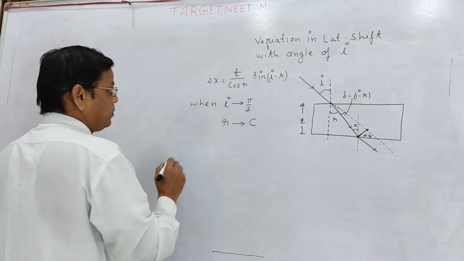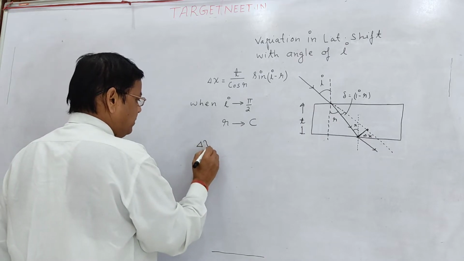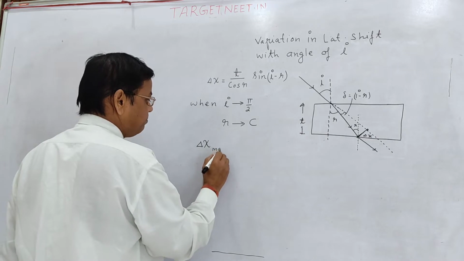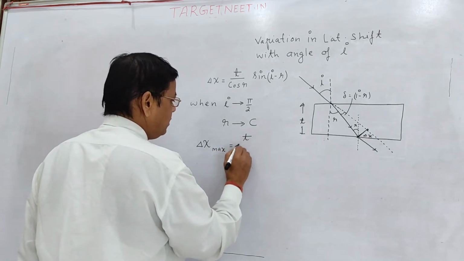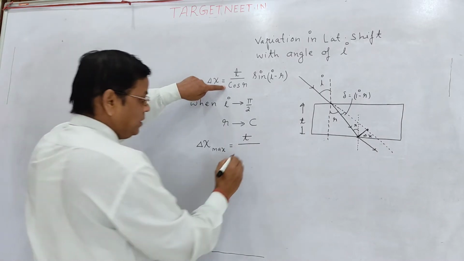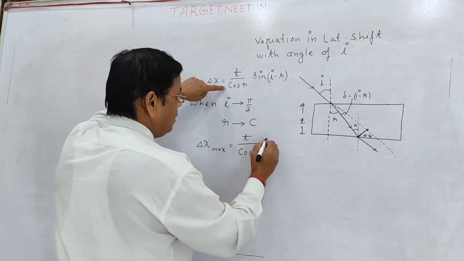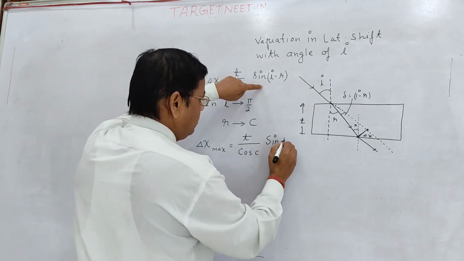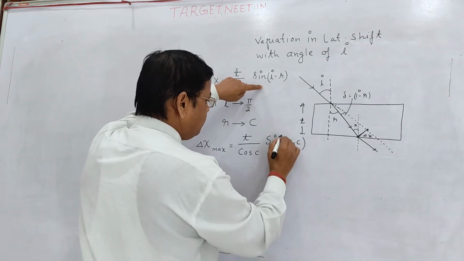So delta x maximum is t divided by cos r, now r is the critical angle, into sin(i minus r), where i is 90 and r is the critical angle.